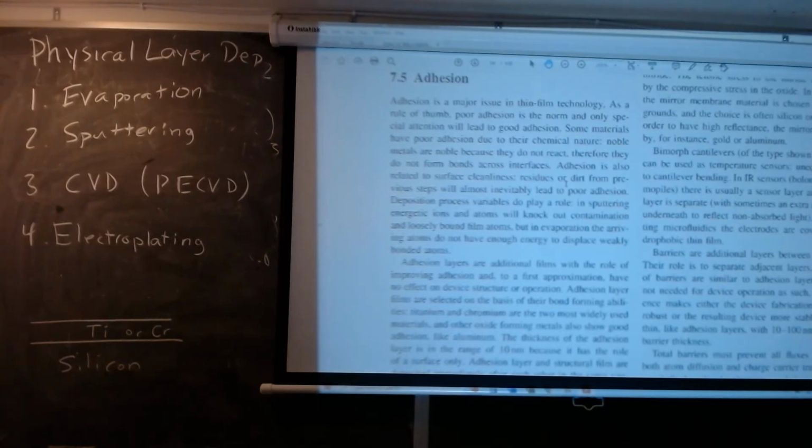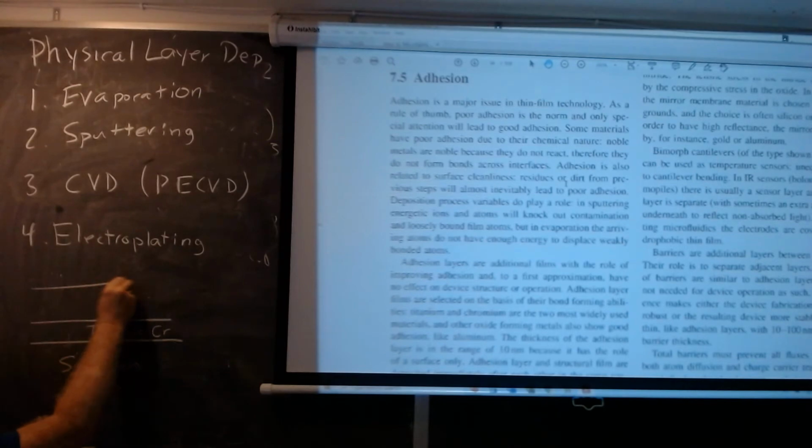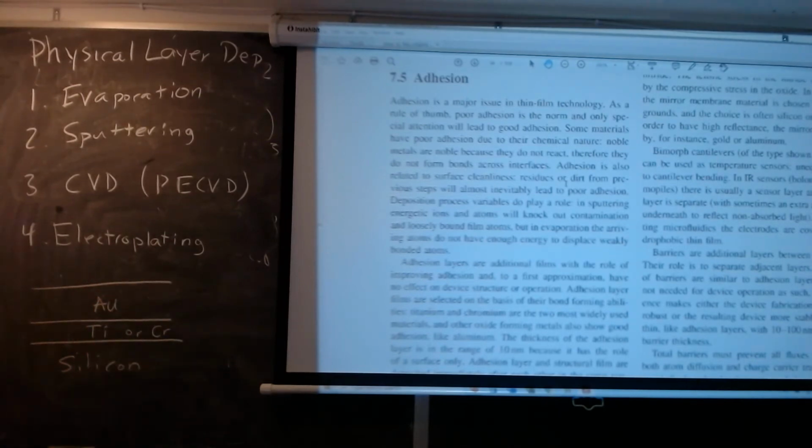But just continue. In the book here he's saying it's because the titanium forms an oxide with the surface. That could be, however you need to think about it. The point is, you put a layer of titanium or chromium first, and then you can deposit your gold. That's how you typically form a contact on a semiconductor.